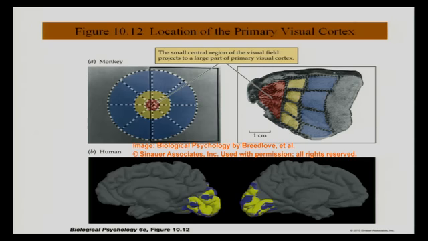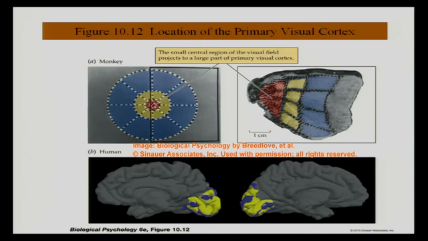And it turns out that these central rays are represented in this very big area of this flattened piece of cortex after it's been processed. And this big annulus here is represented by this area here.